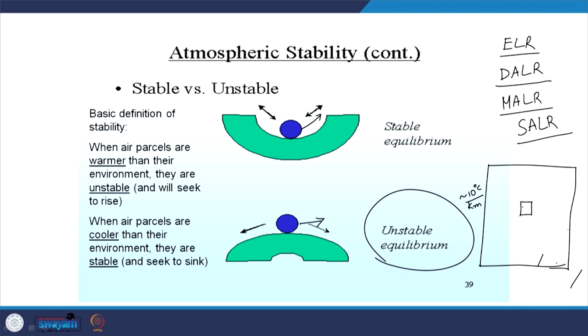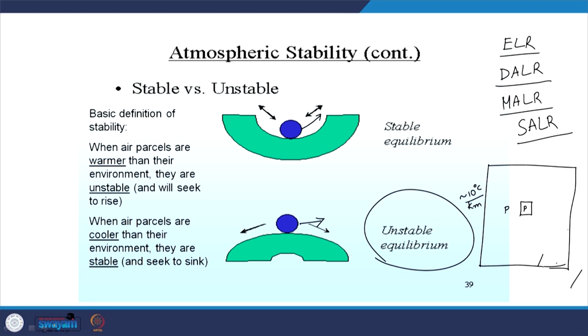That means the pressure inside this air parcel, let us say P, is equal to the pressure outside this air parcel. What is the outside of the air parcel? Outside of the air parcel is referred to as environment, right. But we never say that the temperature inside the air parcel is also equal to the temperature outside; the temperature inside the air parcel is never actually equal, theoretically, to the temperature of the environment, right.